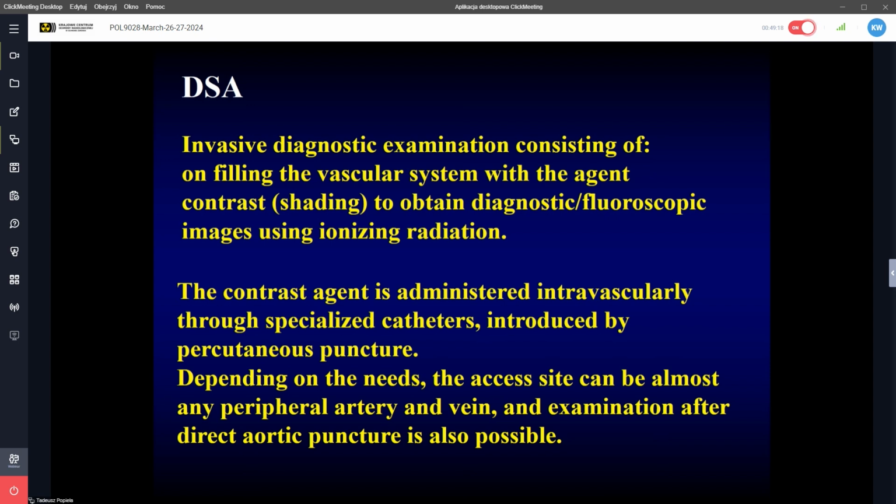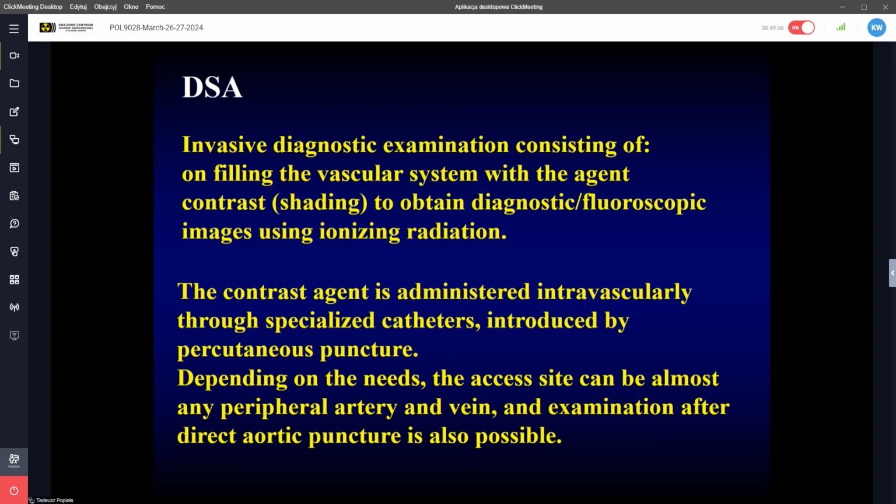So why is it the most invasive? First of all, because we are using X-ray. Then, to see the vessels with X-ray, we must inject a contrast agent. At the end, we must catheterize the right vessel, which is going to the area of the human body we want to see. We want to see the vessels and the pathology.